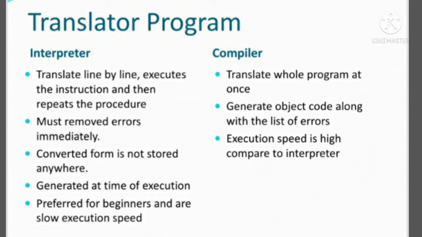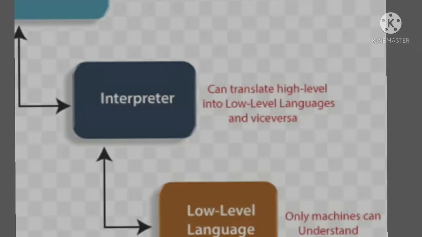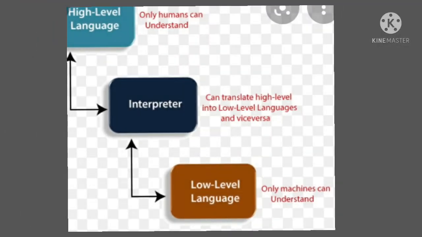Children, while we are writing programs, there will be so many lines of code to execute. Here the translator program, the interpreter, translates the code line by line, then executes the instruction and repeats that procedure for the remaining code.